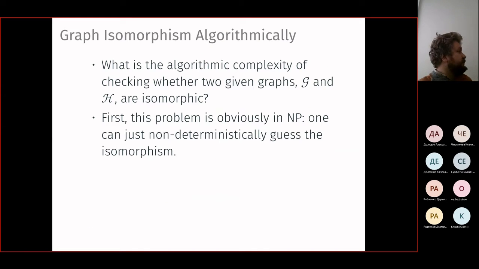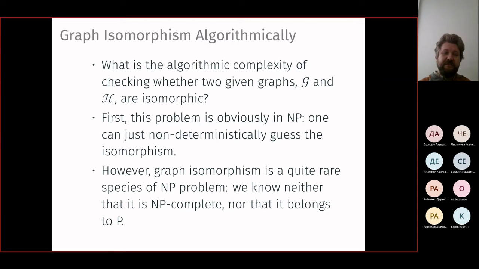But one of you said that it's P. This is absolutely not obvious, because how can you find the isomorphism in polynomial time? Nobody knows. If you pursue this direction and find such an algorithm, you could get a very important prize. Because it's quite a rare species of an NP problem for which nobody knows both things.